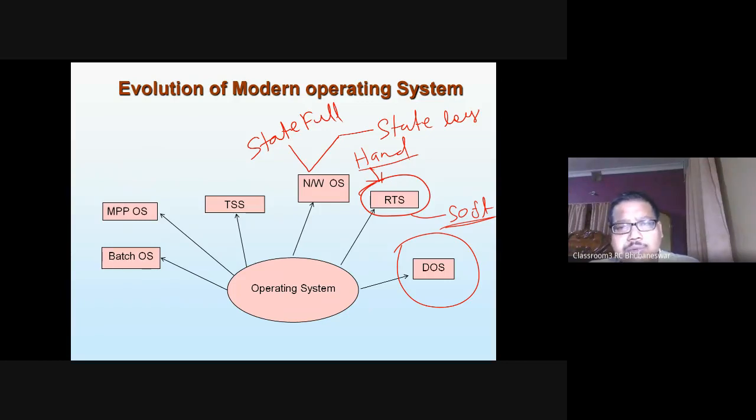Now in case of hard real time, the system must follow the time boundaries. If the system fails to follow the particular hard real time, then at this particular point of time the result is not of any use, and the system will be failed.